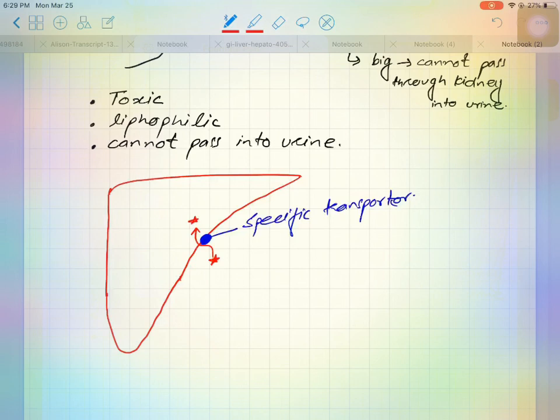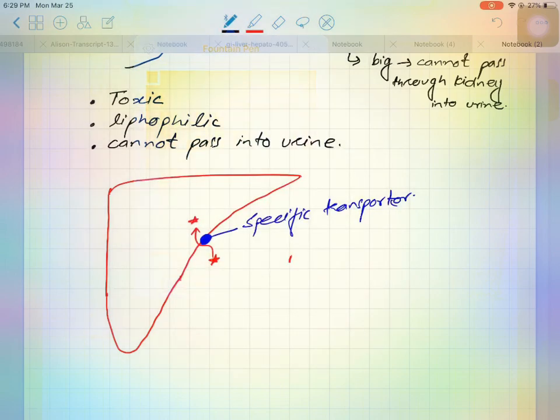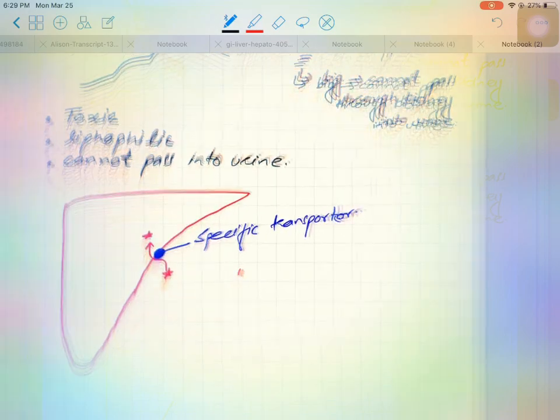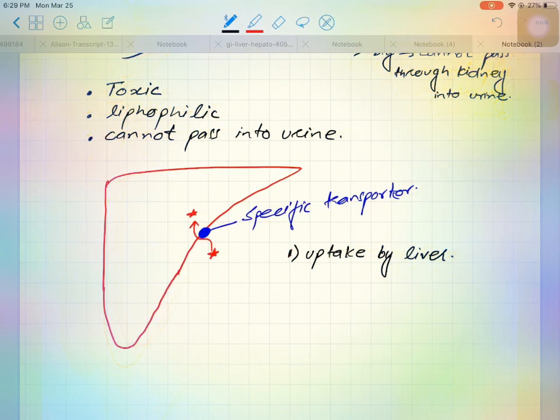Now it reaches the liver. The first step is the uptake by the liver, by the hepatocytes. Once the unconjugated bilirubin is taken up by the liver with the help of specific transporter proteins, it enters the hepatocytes.